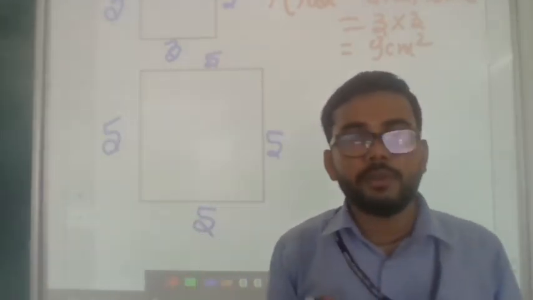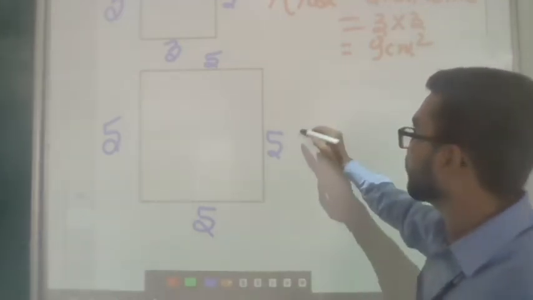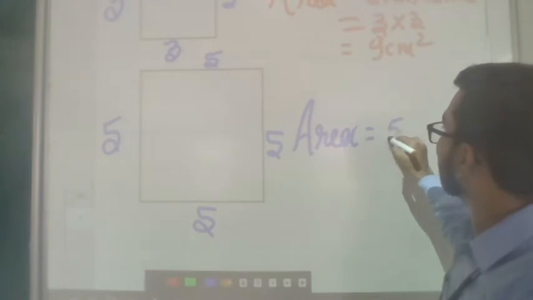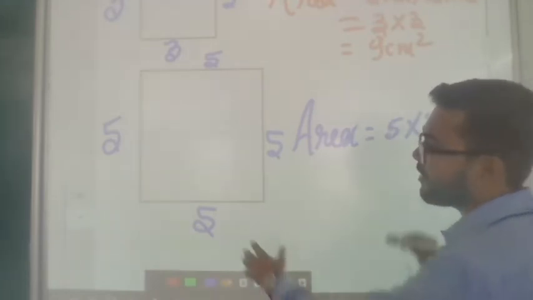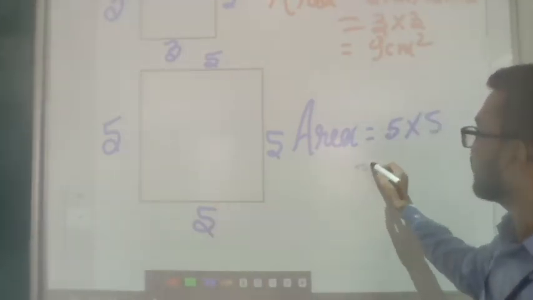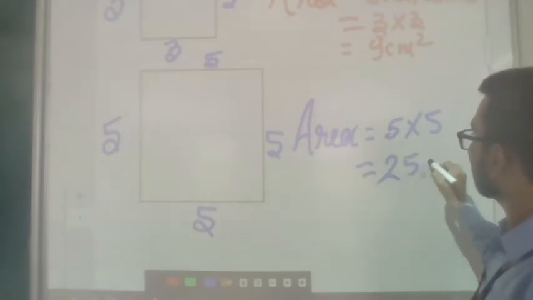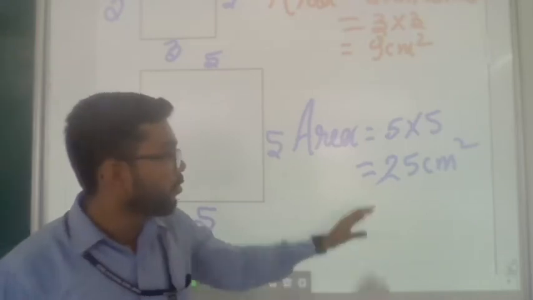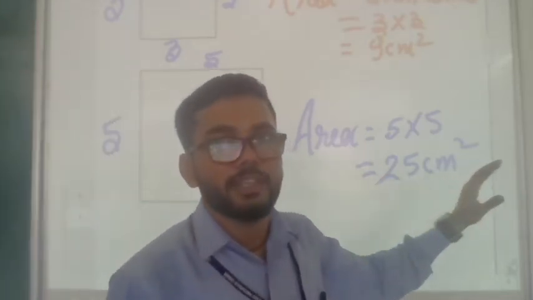What will be the area of this square? 5 into 5, because the side is 5 centimeter. That is 25, and since it is given in centimeter unit, its area becomes 25 centimeter squared.